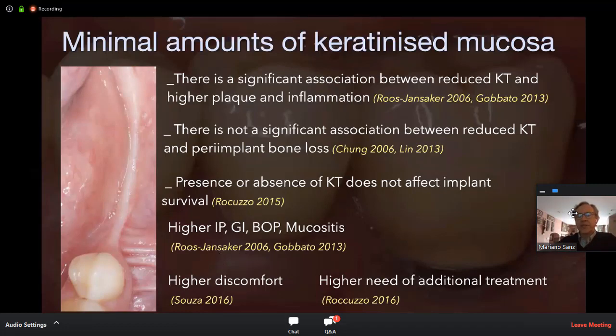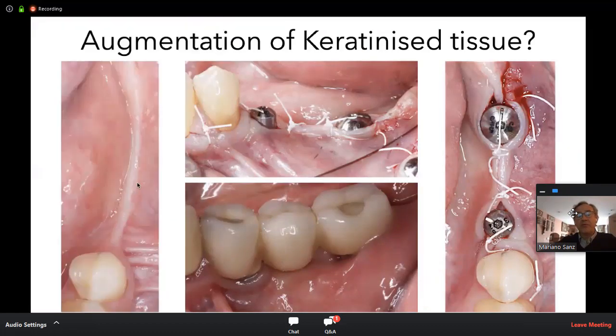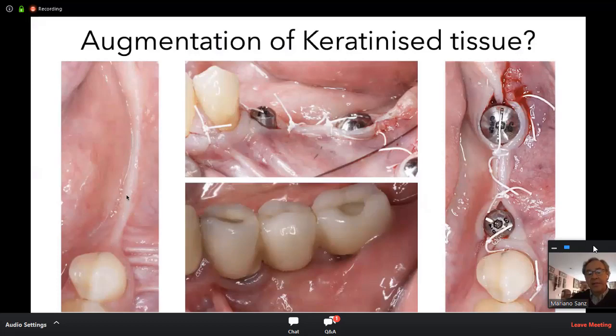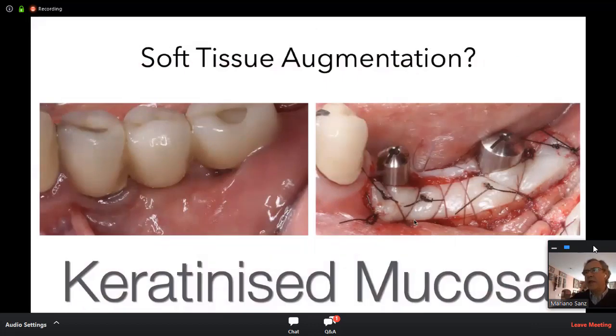So in these circumstances, it is clear that when we place implants, mainly when people have lost their teeth a long time back, the amount of keratinized mucosa is going to be limited. And therefore, when we place our restorations in these sites with minimal amount of keratinized mucosa, there is going to be movement of the peri-implant mucosal margin, there is going to be plaque accumulation, and there is going to be inflammation. And therefore, there is a need in many occasions to augment this amount of keratinized tissue.